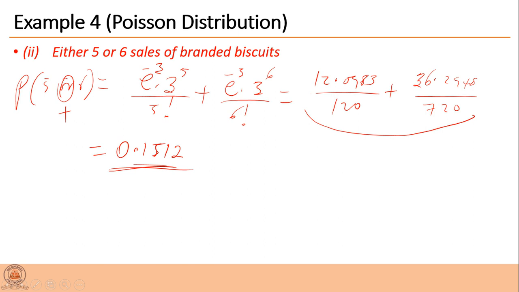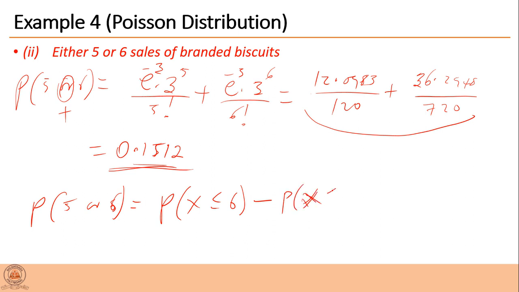We could also use the Poisson distribution table to find the probabilities. So let's try that and see. If we want to use the table to answer this particular question, we say it is the same as P(x less than or equal to 6) minus P(x less than or equal to 4), because 5 is included.